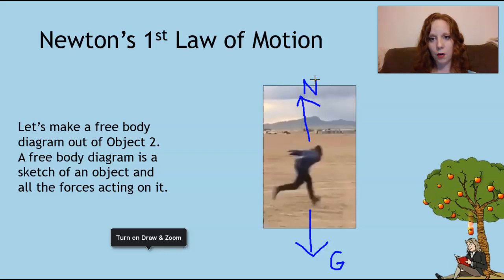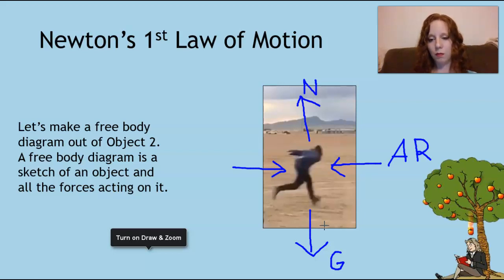So we have our normal force. He is running in the air, so we have air resistance here going against him. And then, of course, we have the force his body is exerting to push him forward. So this is an example of a free body diagram.